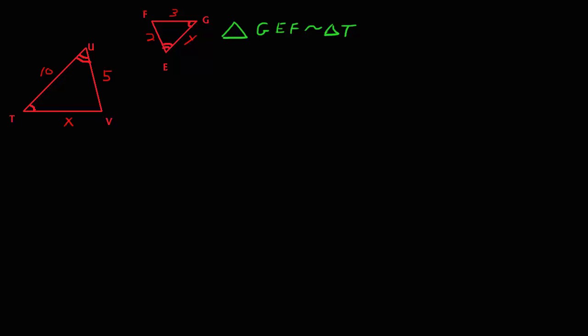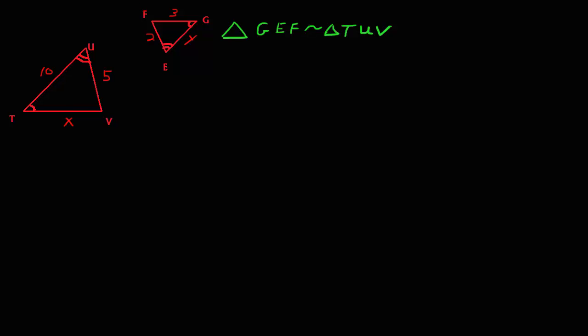E has two congruency marks, therefore we're looking for the two congruency marks in our other triangle, which is angle U. And finally we have F, which has no congruency marks in our first triangle. That will correspond to angle V, which also has no congruency marks. So triangle GEF is similar to triangle TUV.